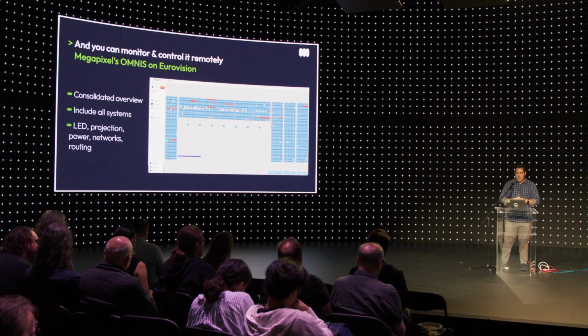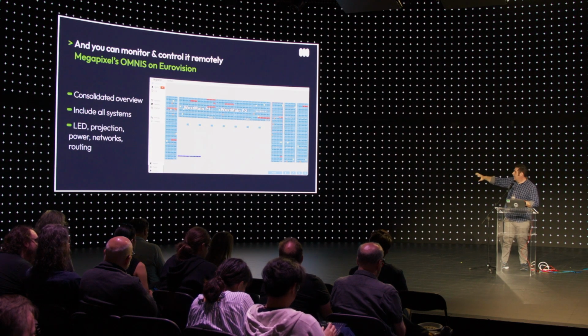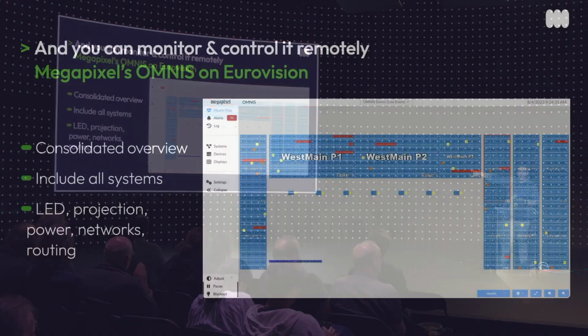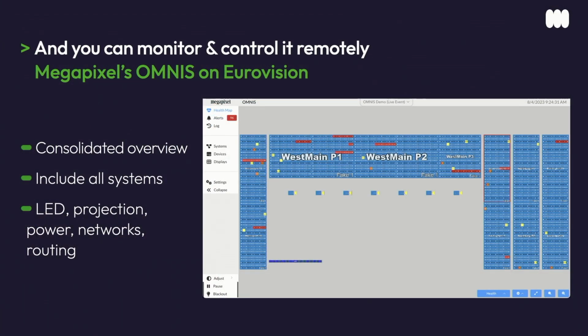This is an example of a screenshot from Eurovision where we see the different LED walls. They're very hard to see on the screen here because it's zoomed out, but there are little projectors that you can see in the middle, and everything gets color-coded. Again, this is all bidirectional data for devices that support Ethernet control right now.